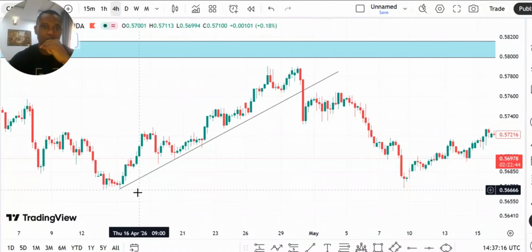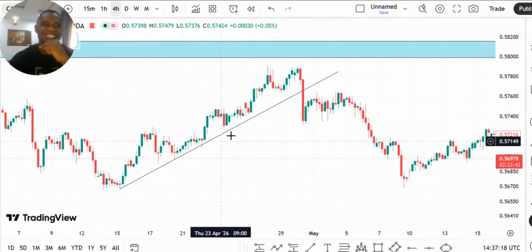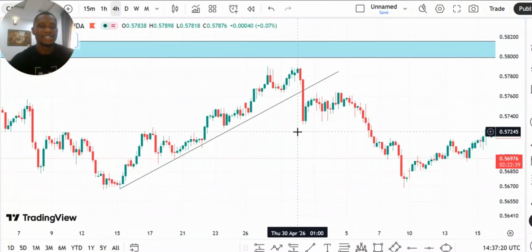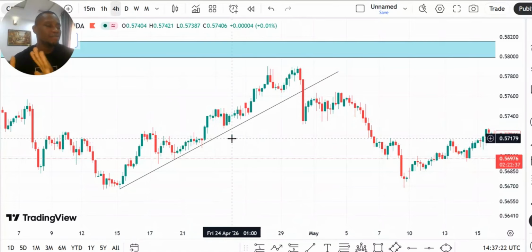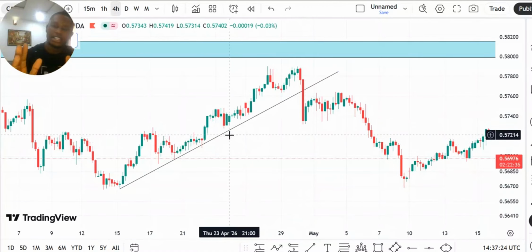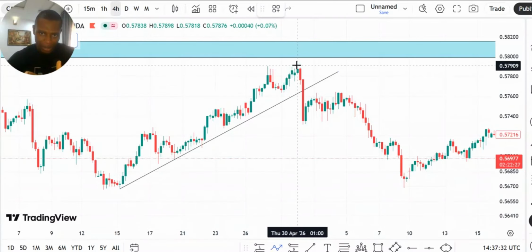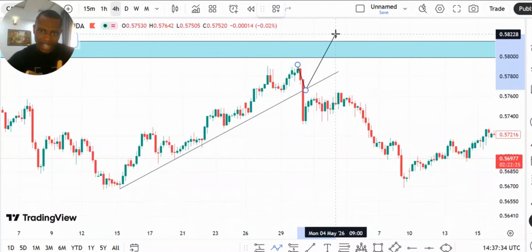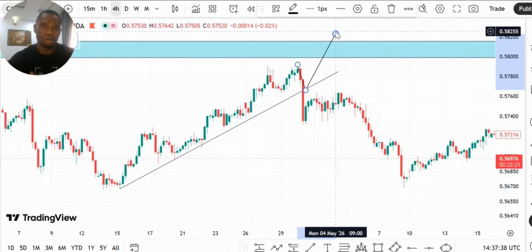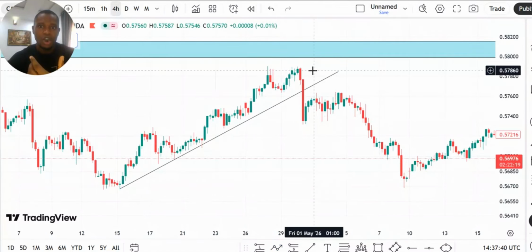You understand? For the fact that this trend line is still guiding this market, it means the move is still valid, because this trend line is a guard. The market might probably get to this, come back to this trend line and continue up again. It's just like a support to the upside.